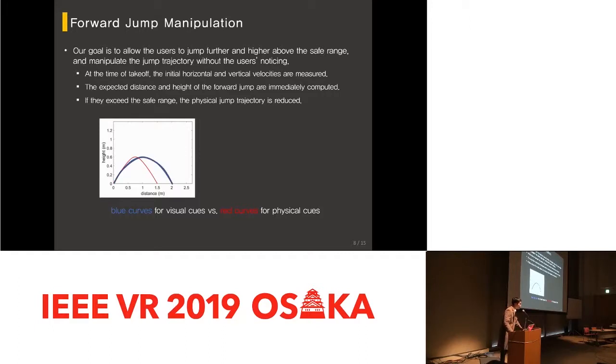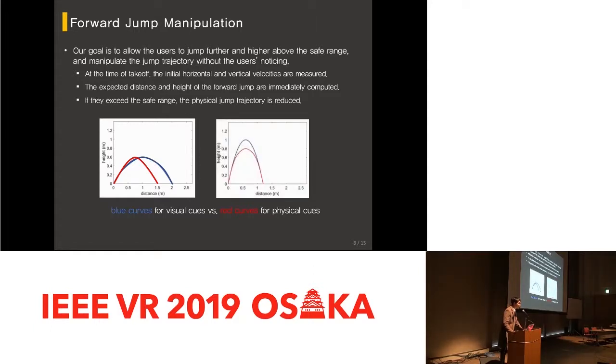Then the system computes the user's trajectory to find that it goes over the safe distance of 1.5 meters. Then the trajectory is reduced to the safe 1.5 meters. In the same manner, if the jump goes over the safe height of 0.8 meters, the trajectory is reduced to 0.8 meters. Their discrepancy should not be noticed by the user.